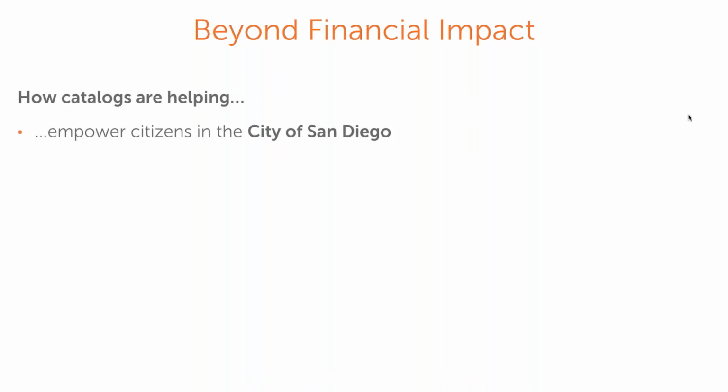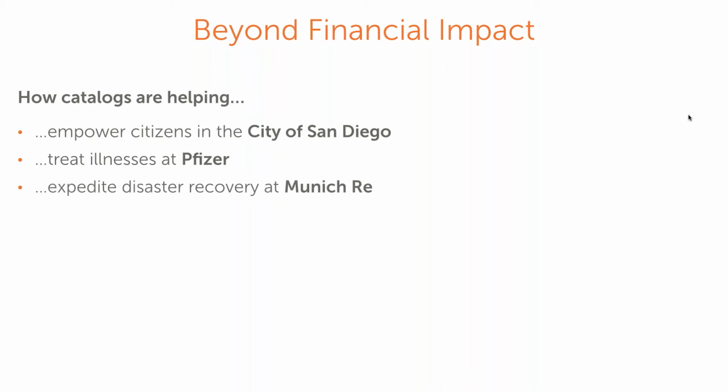We'll talk about a public sector example with the City of San Diego doing an open data initiative powered by a catalog; a case of actually helping people who are suffering from rare diseases at Pfizer; and finally, going back to Munich Reinsurance and how they expedited disaster recovery using a catalog as well as some other technologies.